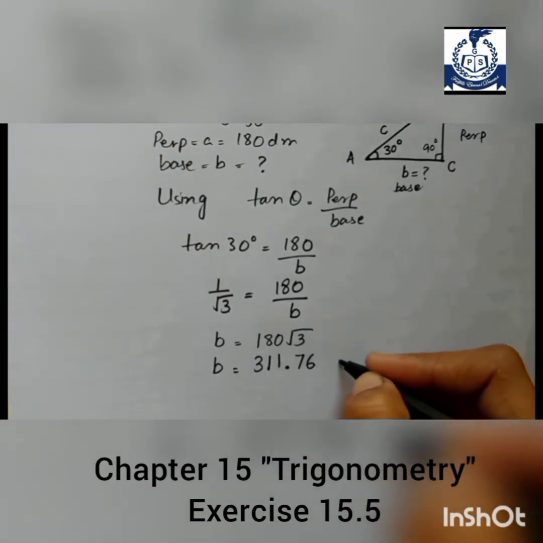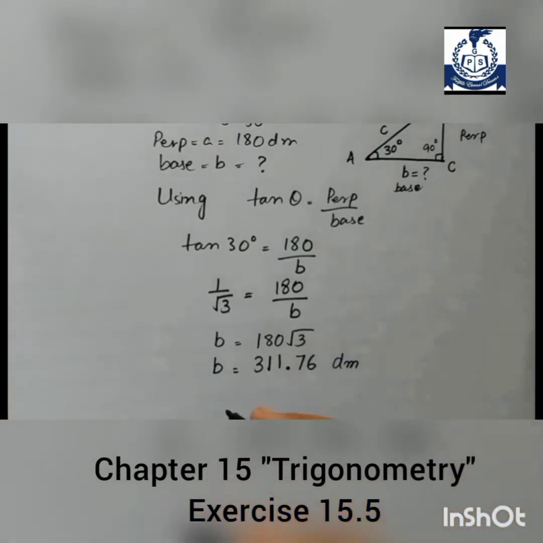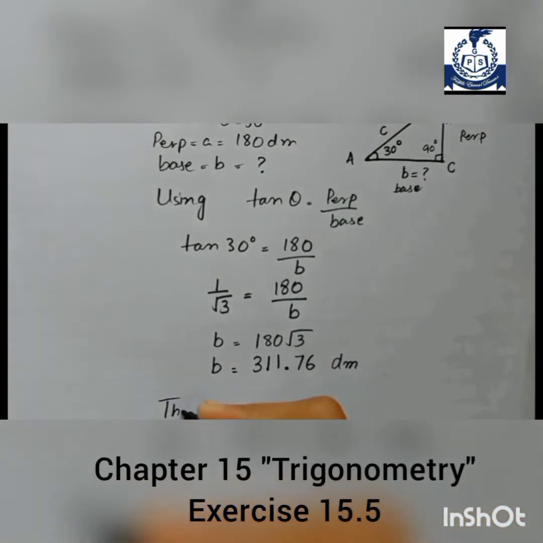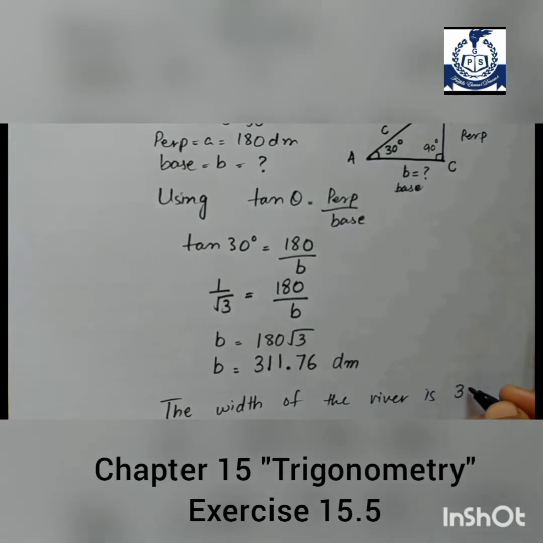So here I write dm. The width of the river is 311.76 dm, which is the answer.